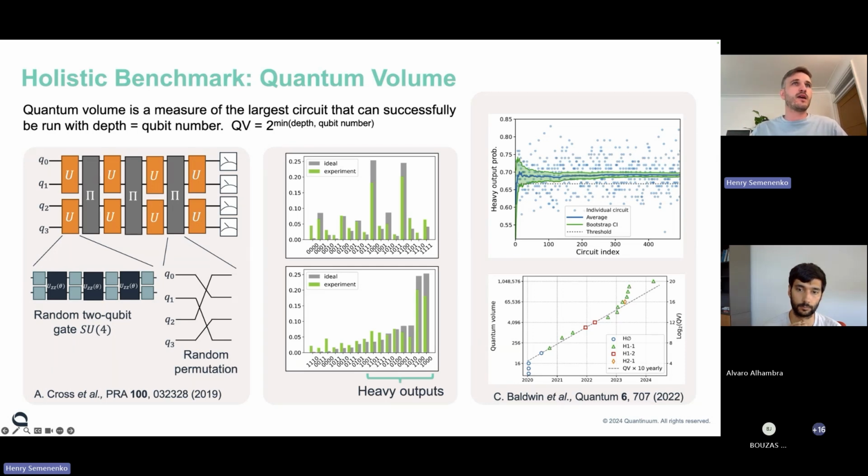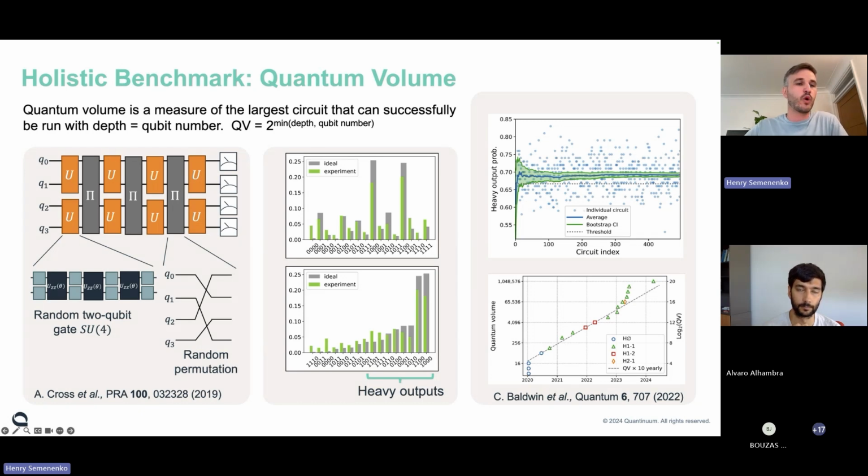And the idea here is that the quantum volume measure is the sort of largest circuit that we can run where the depth is equal to the number of qubits. And typically it's presented as this 2 to the power of the minimum of the depth of the circuit versus the qubit number. And so on the left here, we can see this is the circuit that is being calculated.